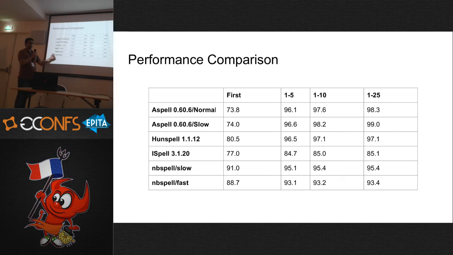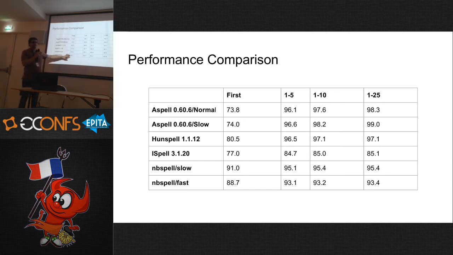So I also have done 2 variations of comparison. There is a slower mode and there is a fast mode. In the slow mode, it gets around 91% accuracy, and then in the top 5, it goes to 95, and then the improvement is very marginal. So it almost stops at 95. In the fast version, it starts at 88.7 and goes to 93 and 93.4.